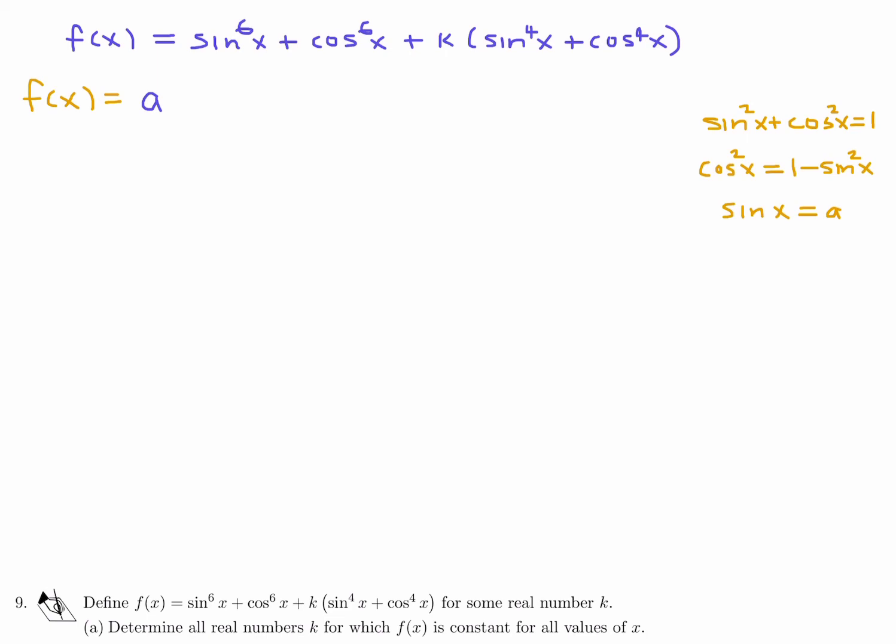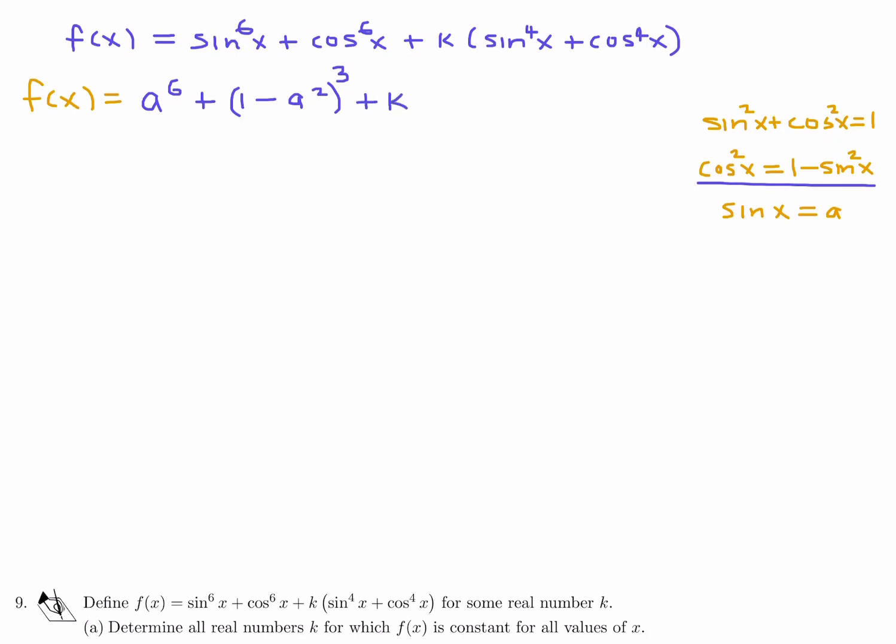So this becomes a to the power of 6 plus cos, well, we are going to substitute for this. So it's going to be 1 minus a squared, correct? And that's all to the power of 3, because it's cos to the power of 6. I've broken it up into squared and powers of 3.